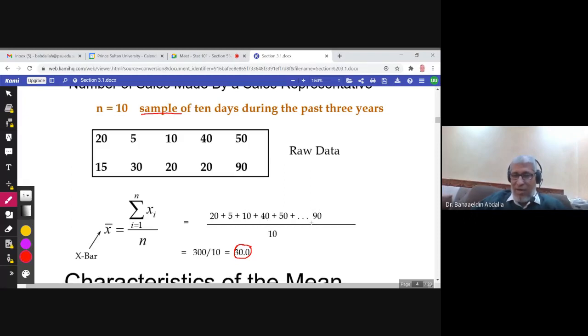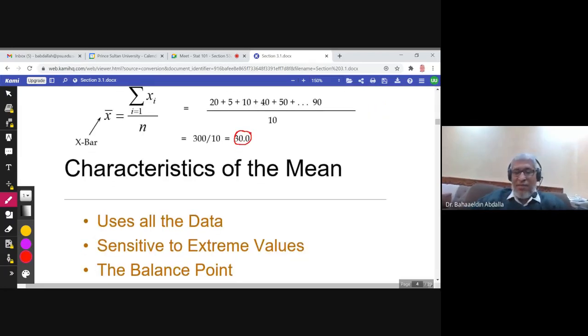So here, instead of 99,000, you will have a bigger number than 300. And then when you divide by 10, you will get a number around 800 or 900 or maybe more. The mean is affected, is sensitive to extreme values.